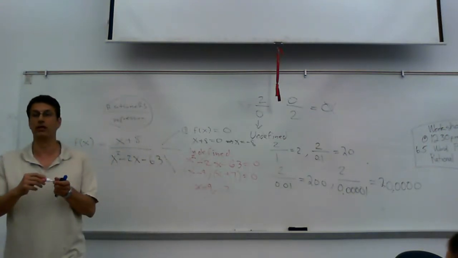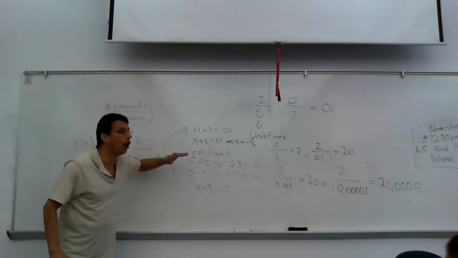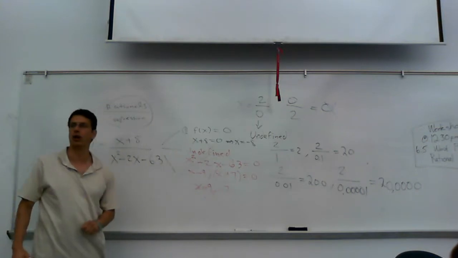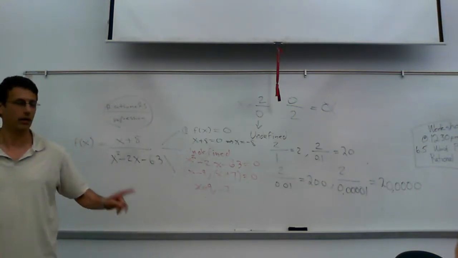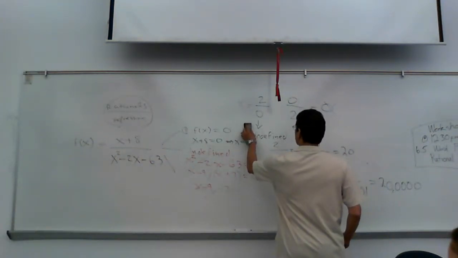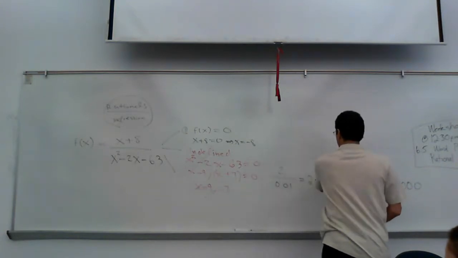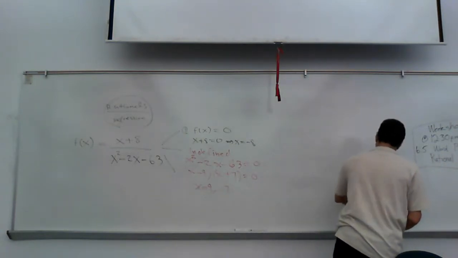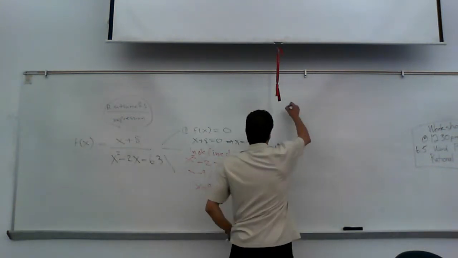So I want you to pay attention to the question. What makes this expression undefined? The answer is what? 9, negative 7. Is that working? Now, the following question is related to that. What is the domain?